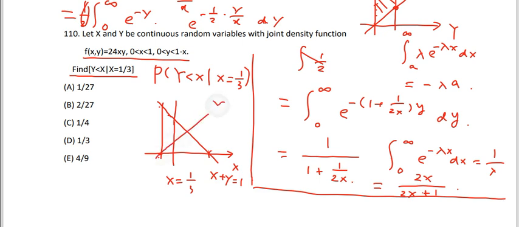So this is the line y equals x. Where is y less than x? Here is the total, from here to here, at x equals 1 over 3, and y less than x is this part.